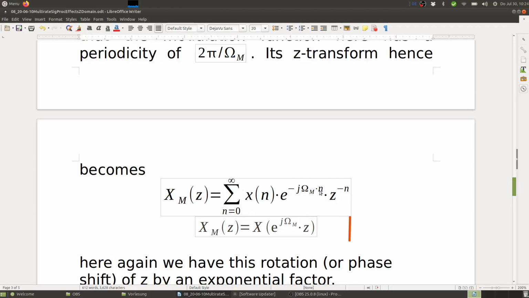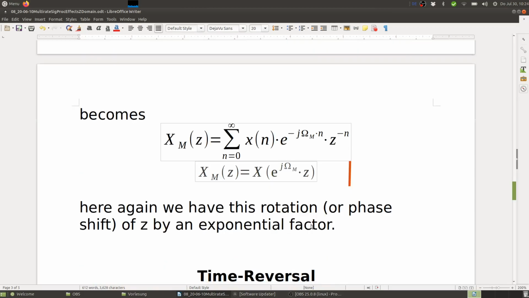And then we can see, since we have this constant to the power of n, we just can take the product of the two and have the exponent n, or the exponent minus n. And then we have the Fourier transform, but with a modified z. Here we can see it's modified by multiplying it with e to the j omega_m.